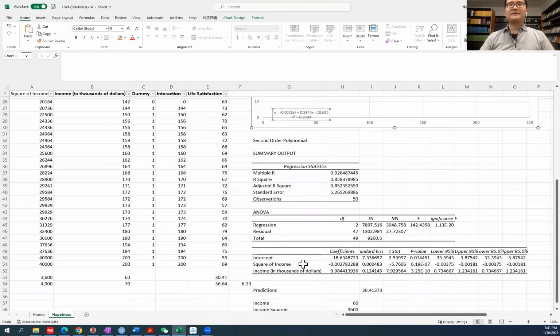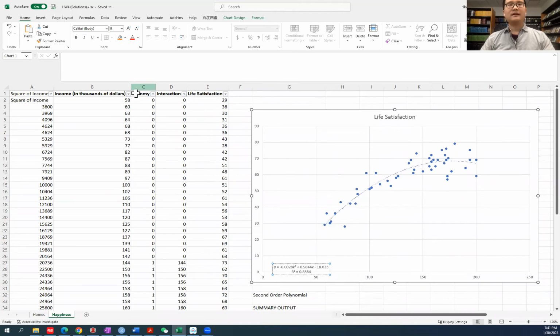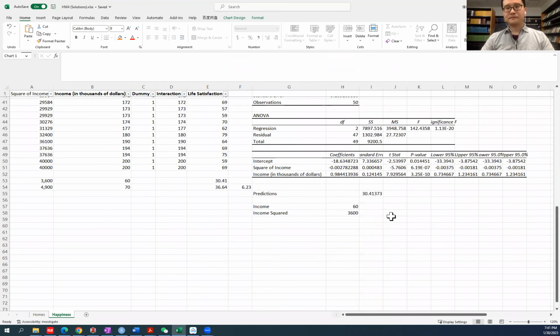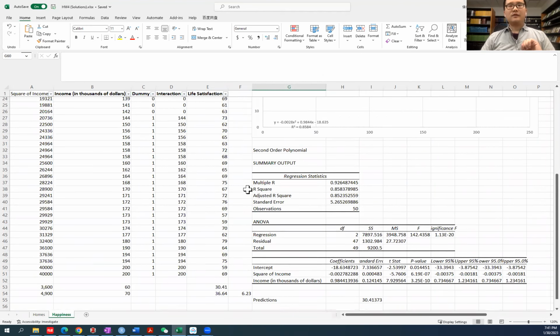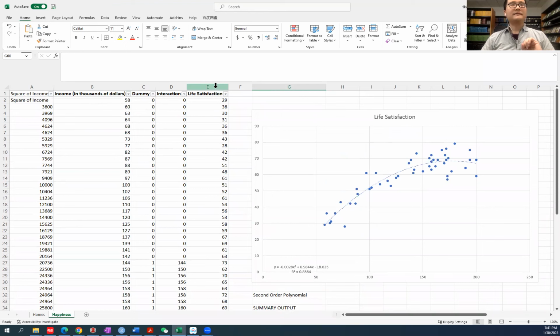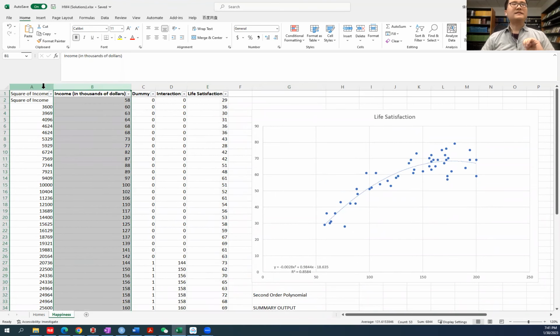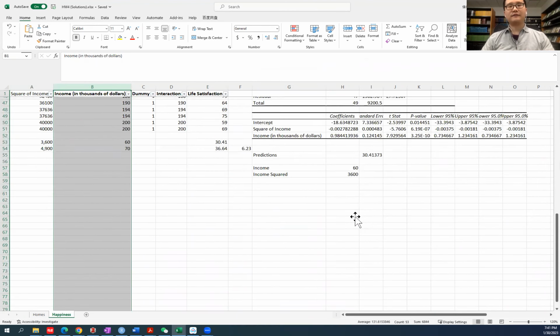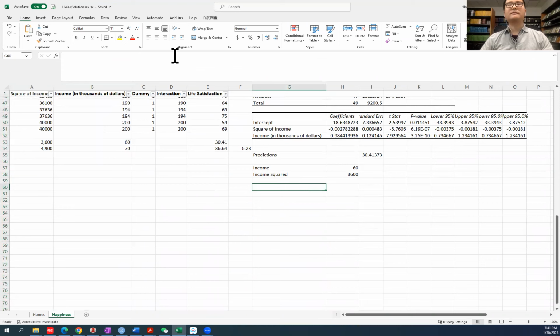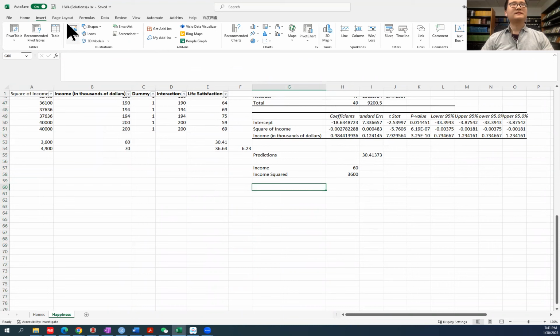So let's see what happens if we did not have the squared term. Then we need to see how to construct dummy variables. Let's build a regression where we predict life satisfaction by income alone, but not including square of income. Let's see how it differs from what we have above. To build linear regression, it's always the same procedure.